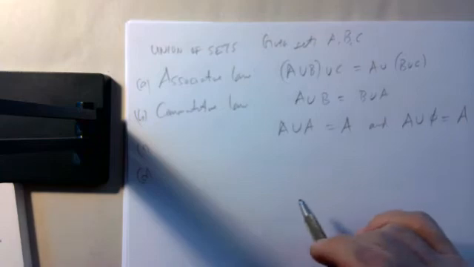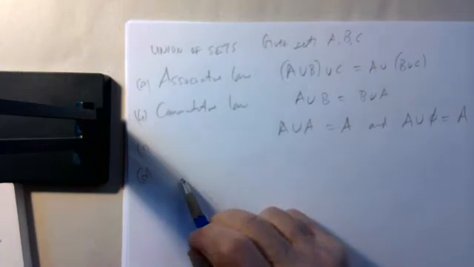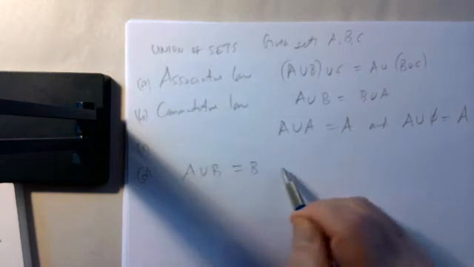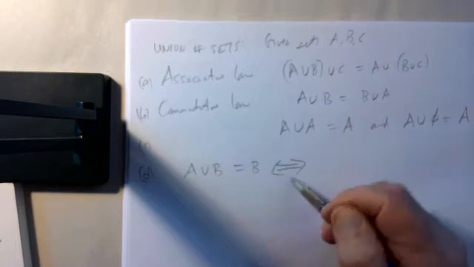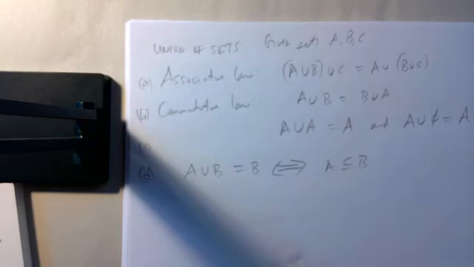And we have another property which is interesting to think about, which says that A union B is equal to B if and only if A is a subset of B. Why is this true?